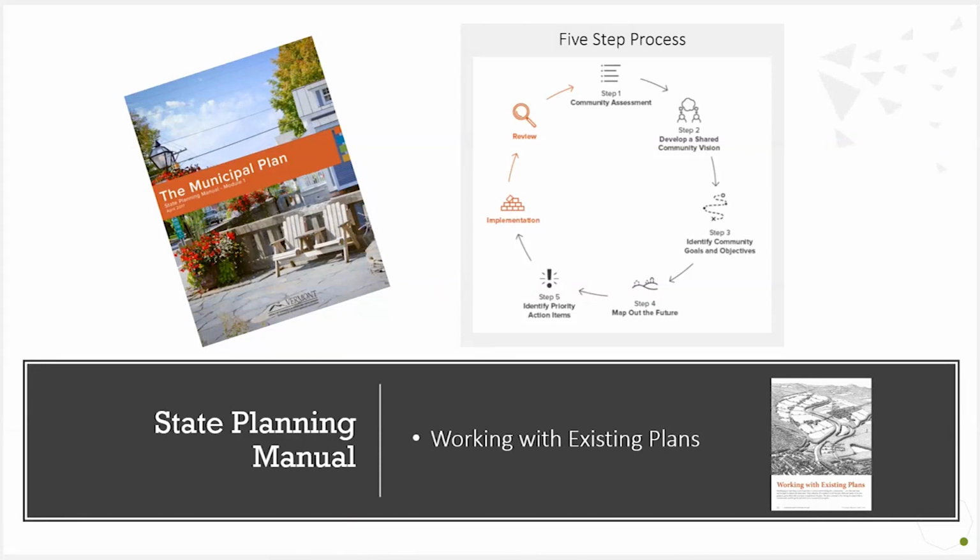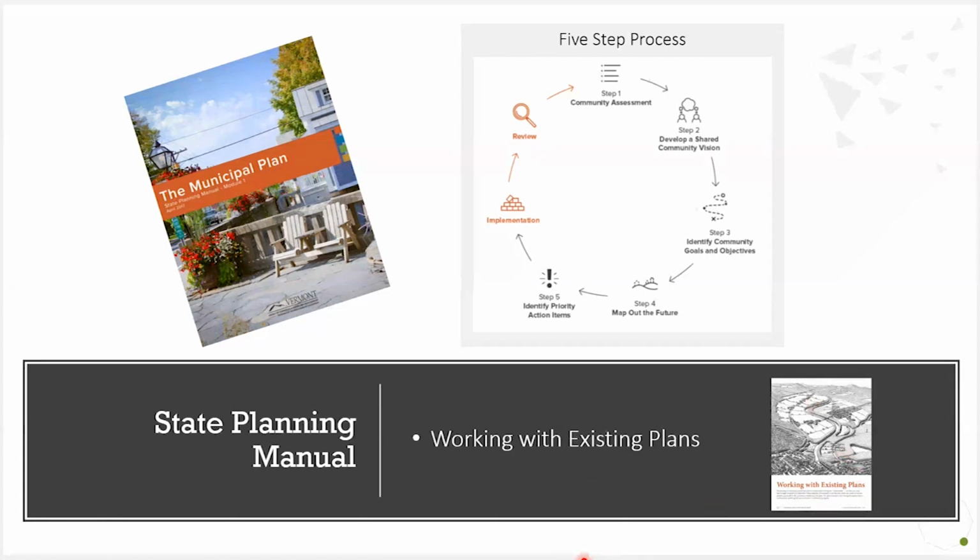The takeaway here is that Act 171 is really nothing new. It just puts a finer point on how forest planning will fit into the overall planning process. If you're not familiar with this resource, I'd encourage you to check it out. There's also a section about working with existing plans, because we know that most of you are not likely creating a plan from scratch.